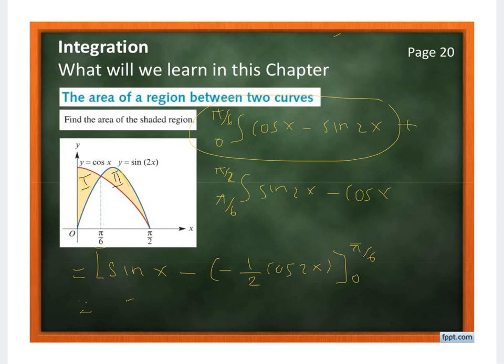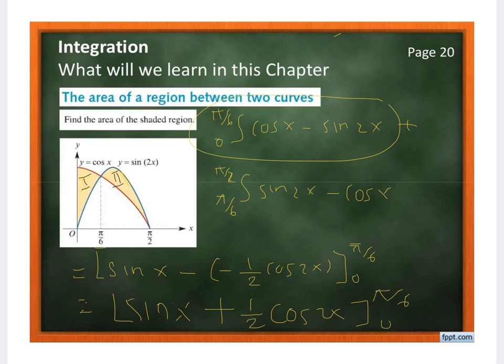So equal sin x plus 1/2 cos 2x, from 0 to pi over 6.